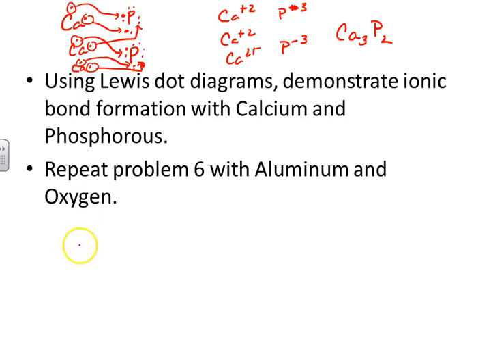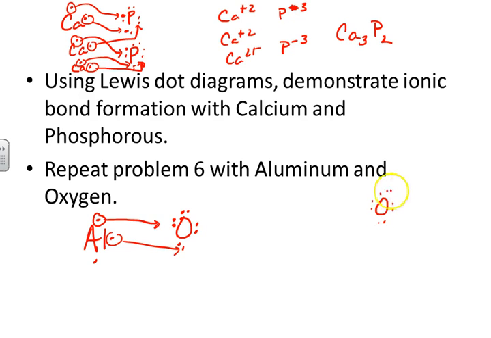We're going to repeat this with aluminum and oxygen. Aluminum, group 13, has 3 dots. Oxygen, group 16, has 6 dots. Aluminum, the metal, transfers electrons. That gives a satisfied oxygen with a negative 2 charge. Aluminum still has an extra valence electron, so we bring in an oxygen. Transfer 1 more electron. That gives us an Al3+.